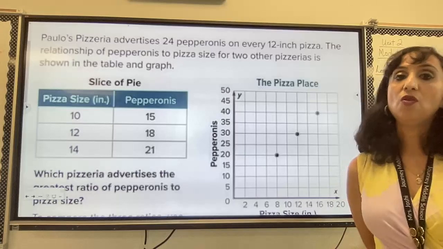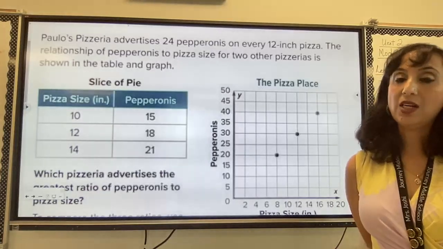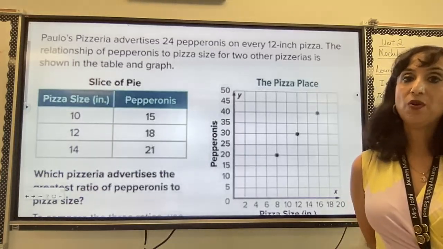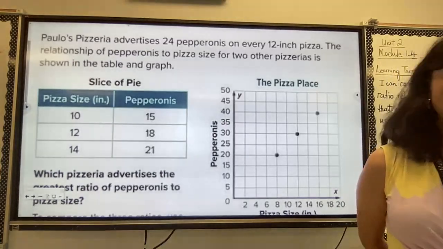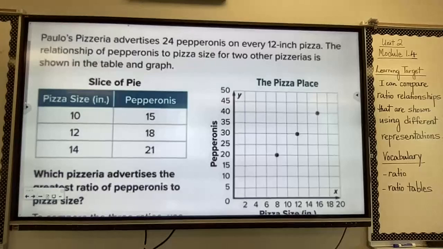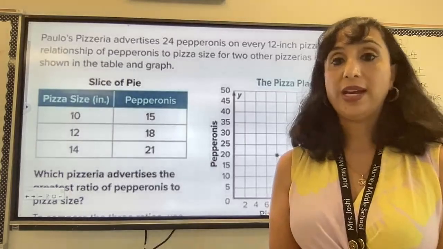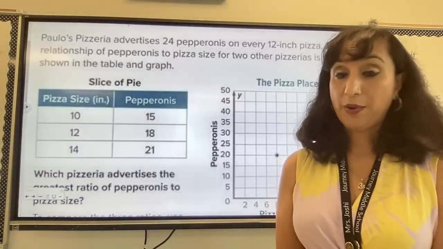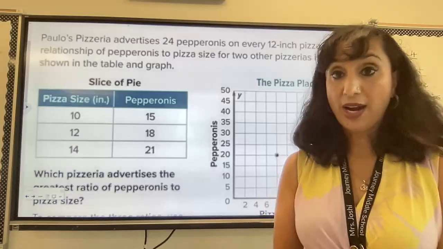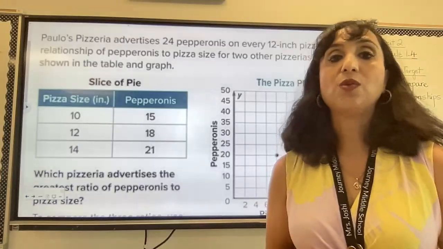So think about what I said earlier, 24 pepperoni for a 12-inch pizza. If I'm going to divide that by the size, think about what it's going to be. So 24 for 12. If I divide 24 by 12, what do I get? I get 2 pepperoni per inch, right? Let's look at the next one.